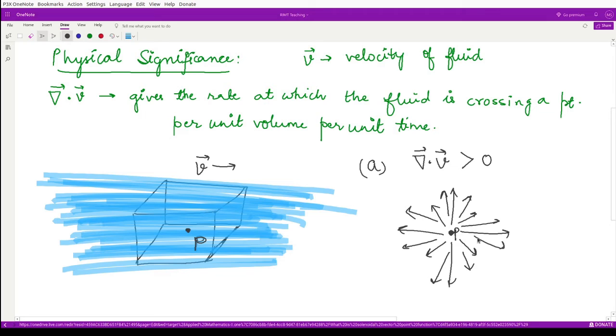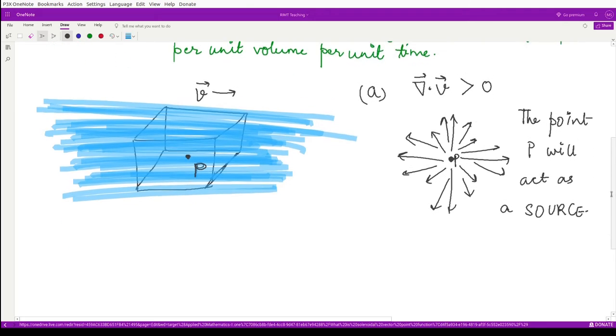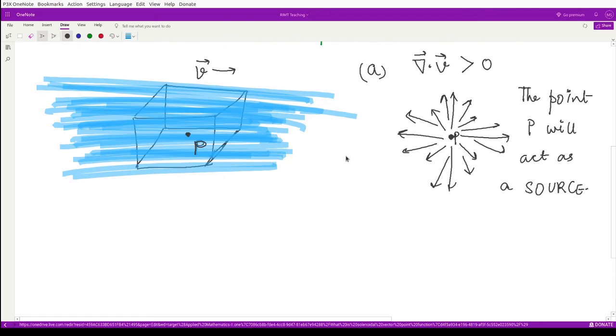Suppose this point is the point P. So in this case, we will say that the point P will act as a source. So that means from here the fluid will emerge out. You can imagine the shower from which water comes out, that can act as a source, or suppose the origin of a river, that is also a source, right?